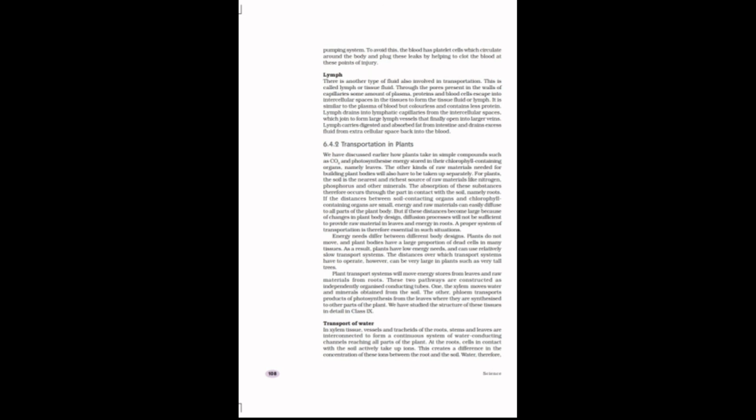Plants use another strategy to move water in the xylem upwards to the highest point of the plant body. Activity 6.8. Take two small pots of approximately the same size and having the same amount of soil. One should have a plant in it. Place a stick of the same height as the plant in the other pot.